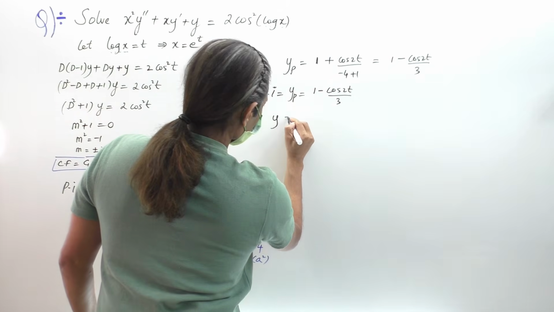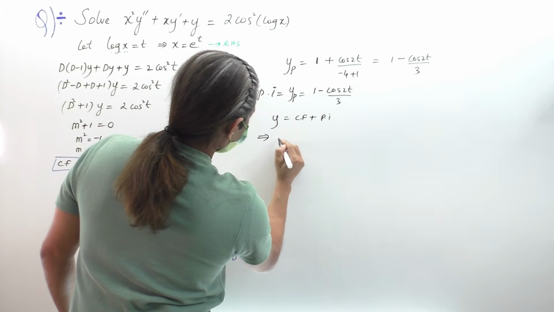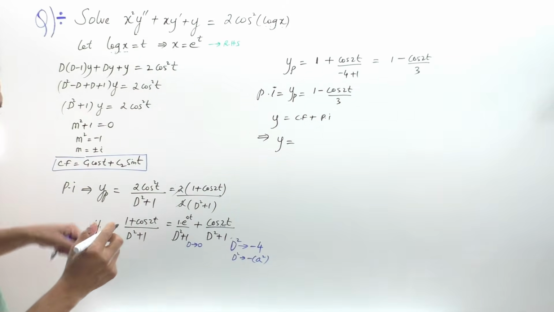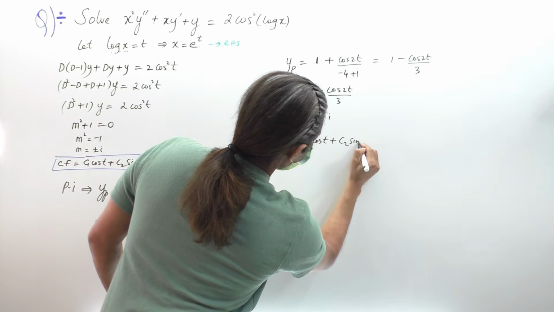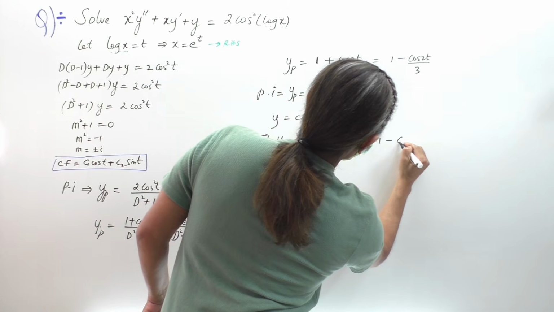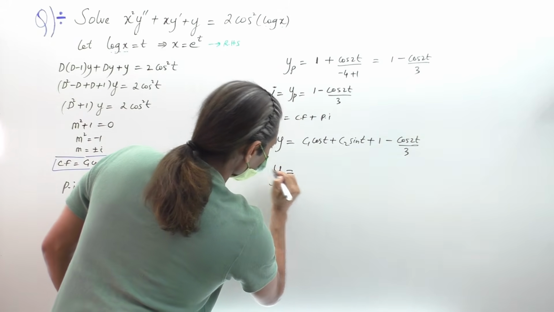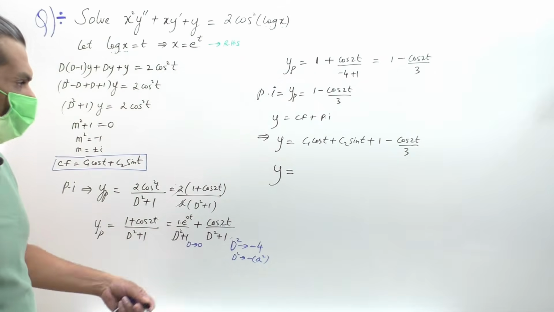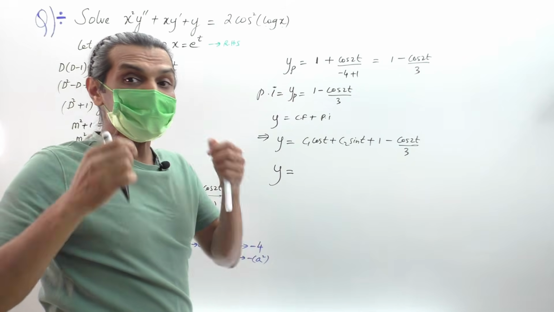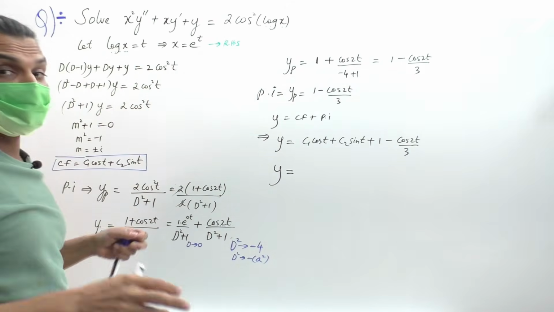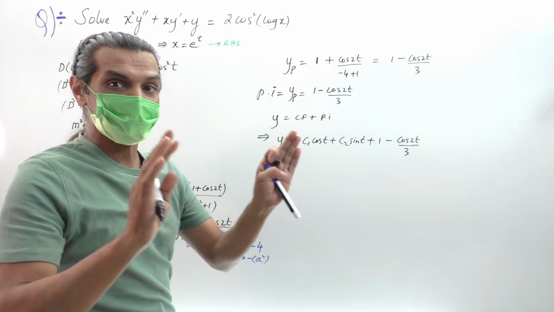So the solution y is equal to CF plus PI. That is, y is equal to, what is CF here? C1 cos t plus C2 sin t plus 1 minus cos 2t by 3. Therefore, for the final solution, as I told, first we assumed log x is t. The problem is given in terms of x, so the solution should also be in terms of x only.